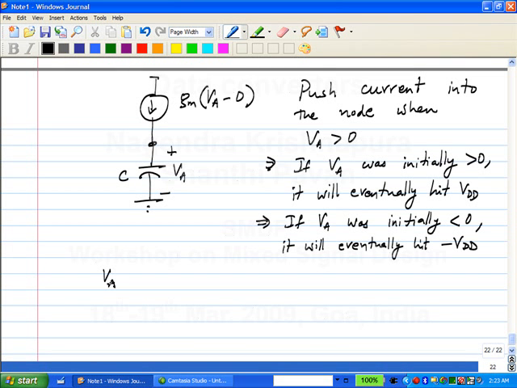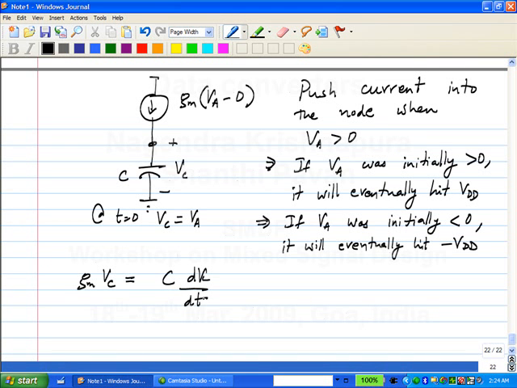Correct? So Gm Va is nothing but C dV by dt. Let me call this Vc, and at t equal to 0, Vc is Va. Right? So Gm times Vc is C dVc by dt.